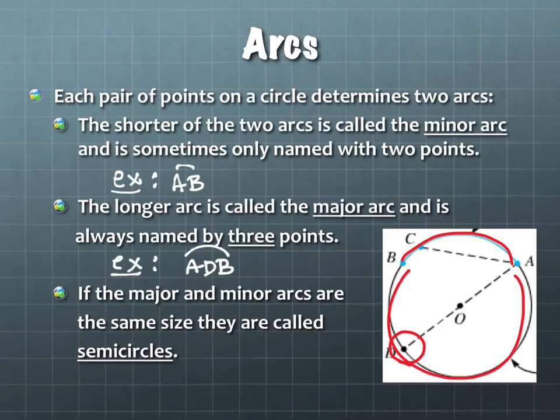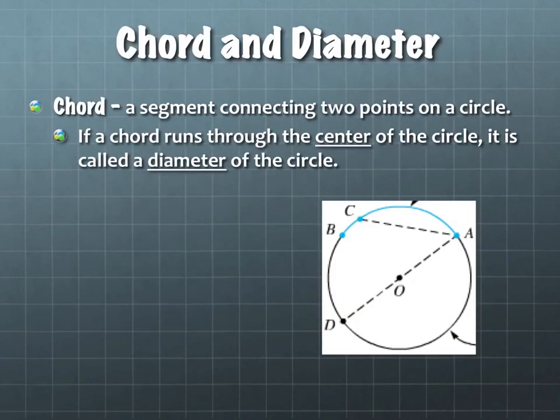All right, one last thing to make a comment of, and then we'll stop and I'll tell you what's happening next. All right, a chord. A chord is a segment containing 2 points on the circle. If the chord runs through the center of the circle, it's called the diameter of the circle. So, for example, on this one, there would be a chord AC.